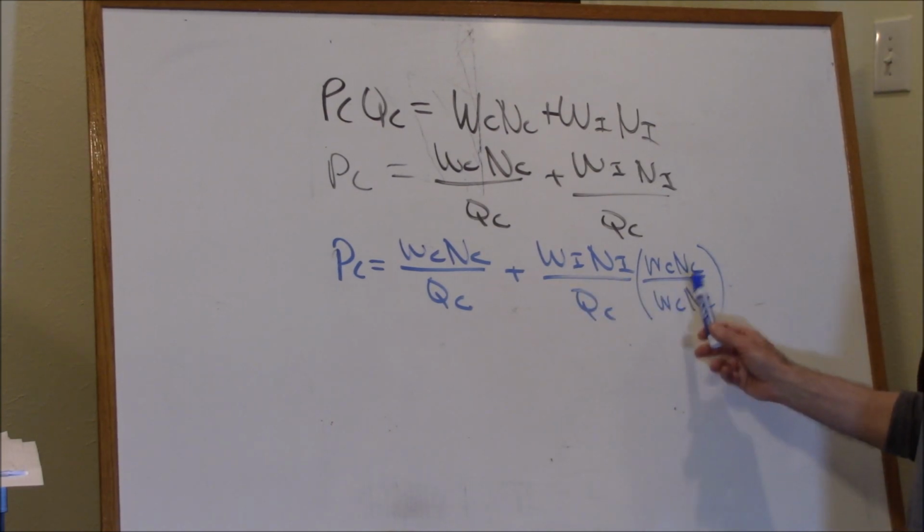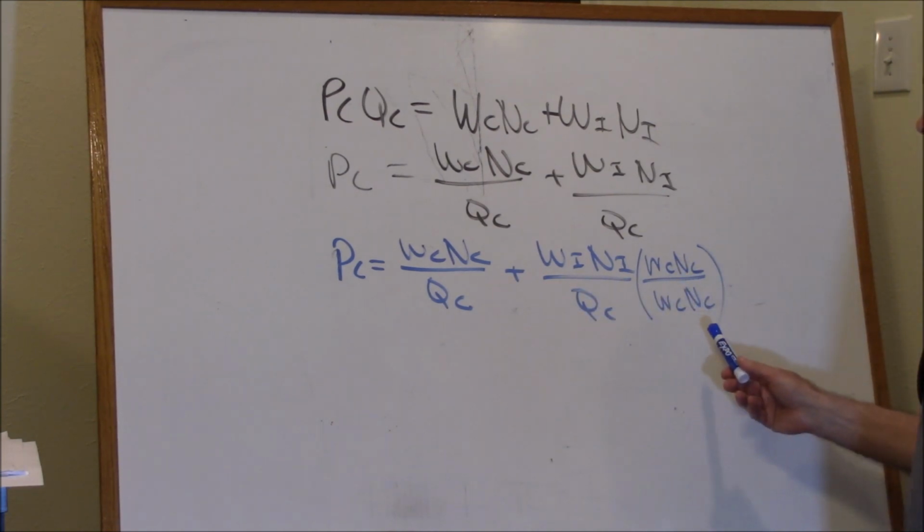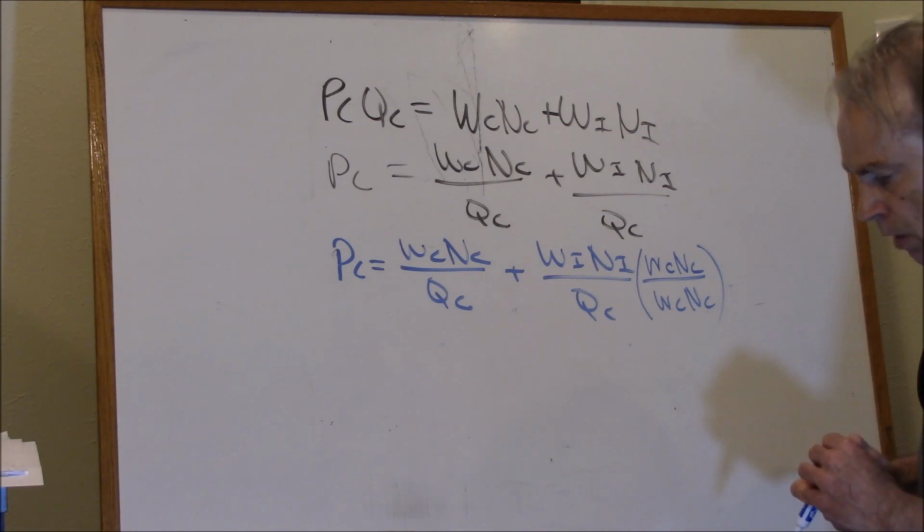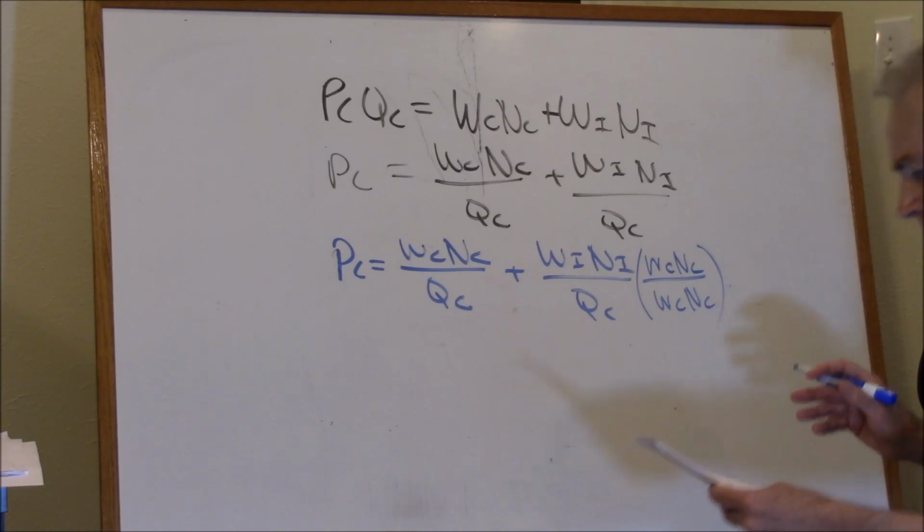All right, so back to where we were, which for you was just moments ago. We're going to multiply this by 1, by WCNC over WCNC, and only once we go through it will you see why we bothered to do that. Next step is going to be this.